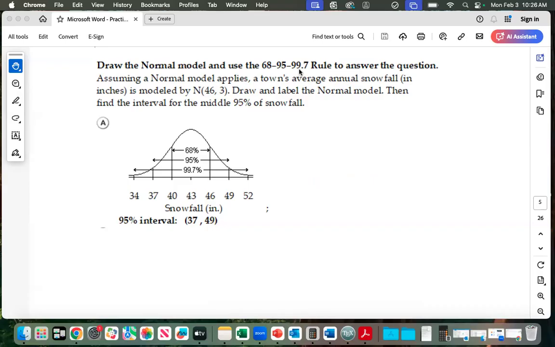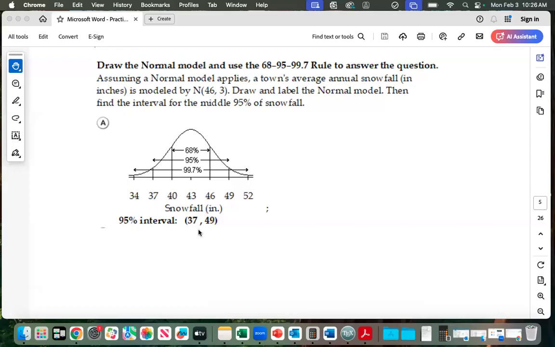So when we look at the possible answers here, if I were you, I would focus on the 95% interval. What is the 95% interval? The 95% interval is here. This is within 2 standard deviations, isn't it? The first one is 68, within 1 standard deviation. This is 68%, 95%, 99.7%. Is that okay?